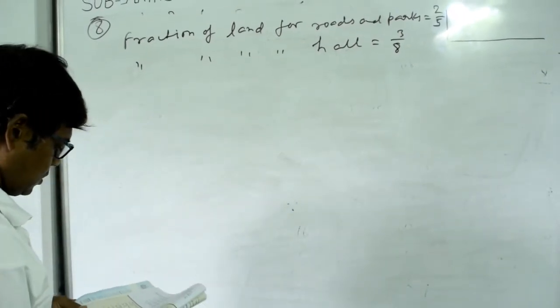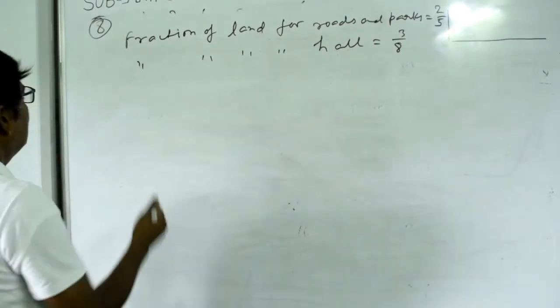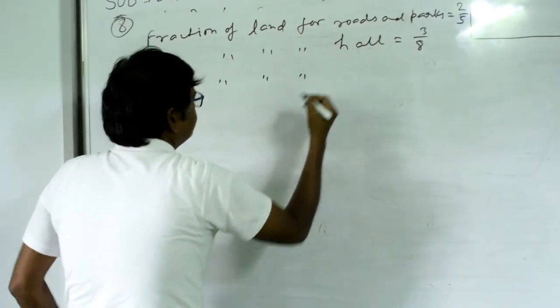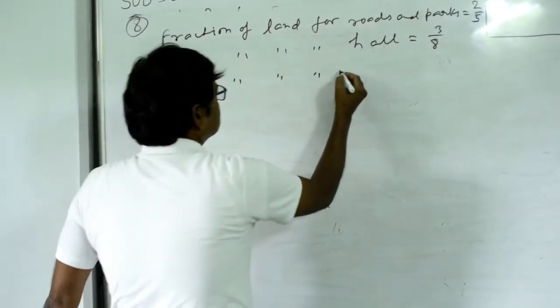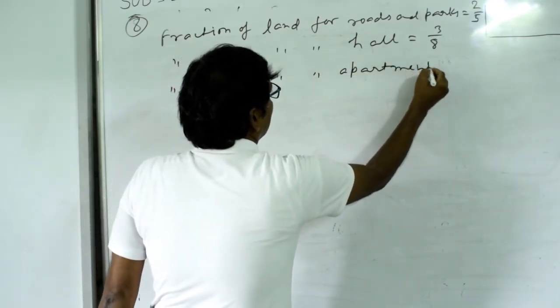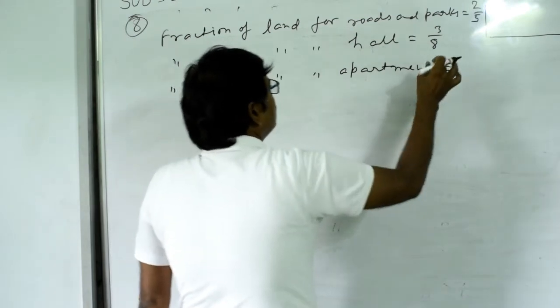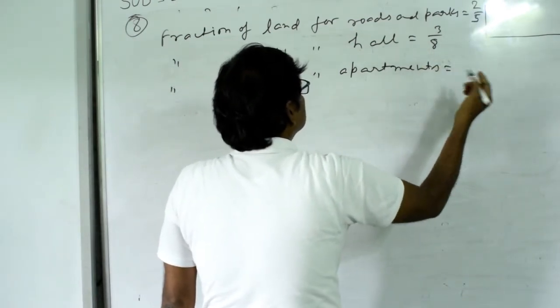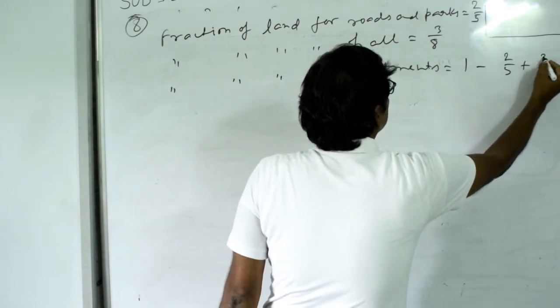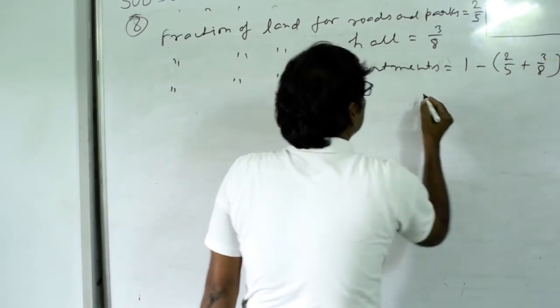The fraction of land for apartments is the rest, equal to how much? We have to add these two fractions, 2 by 5 plus 3 by 8, and subtract the sum from 1.